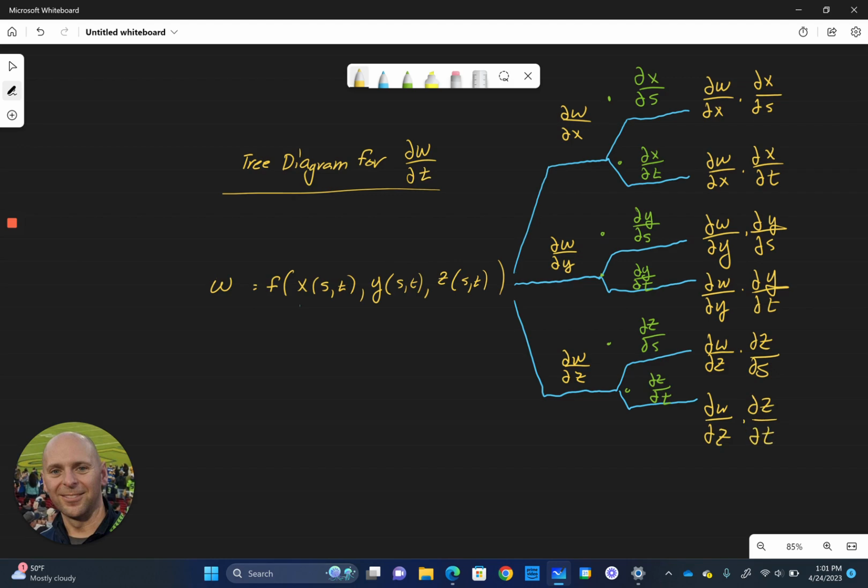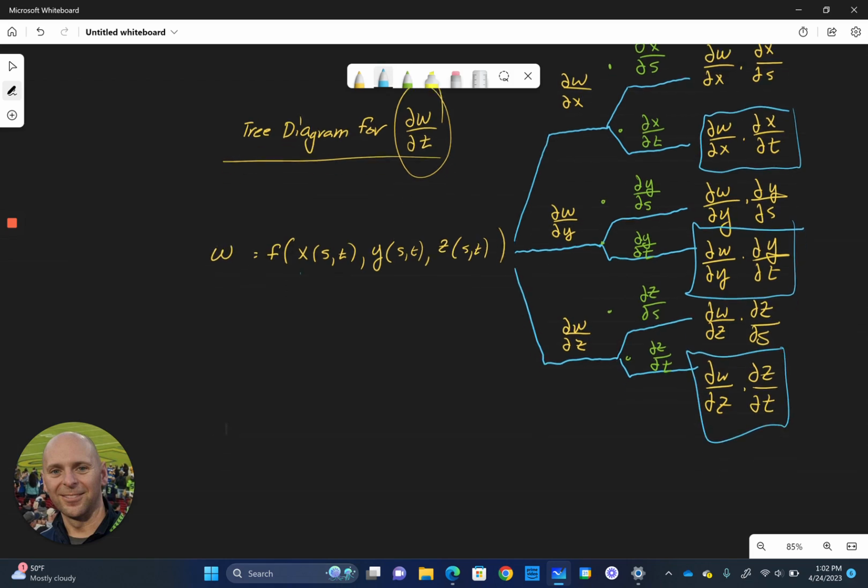So now we've got to piece together the parts that we want. In this case, I asked specifically for the partial of w with respect to t. So we need to look at all those ones that have a t variable present in them. So that would be this, this, and this.